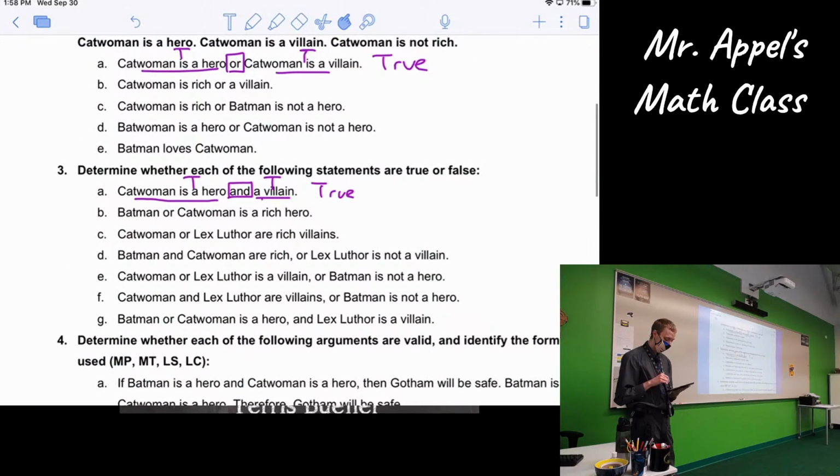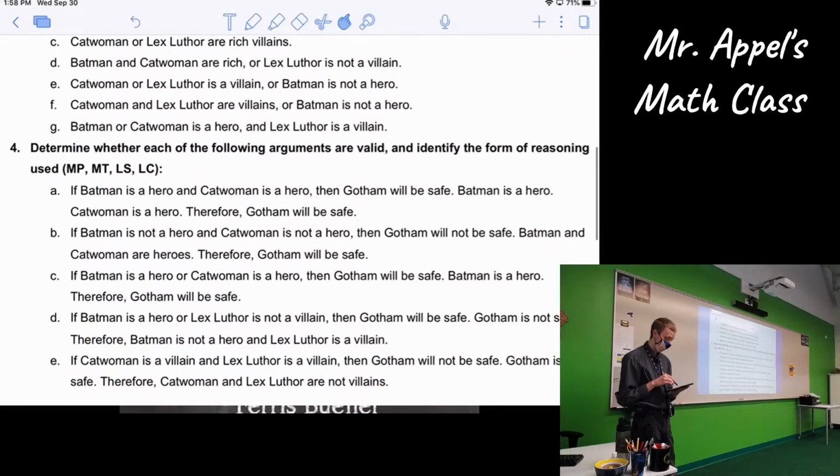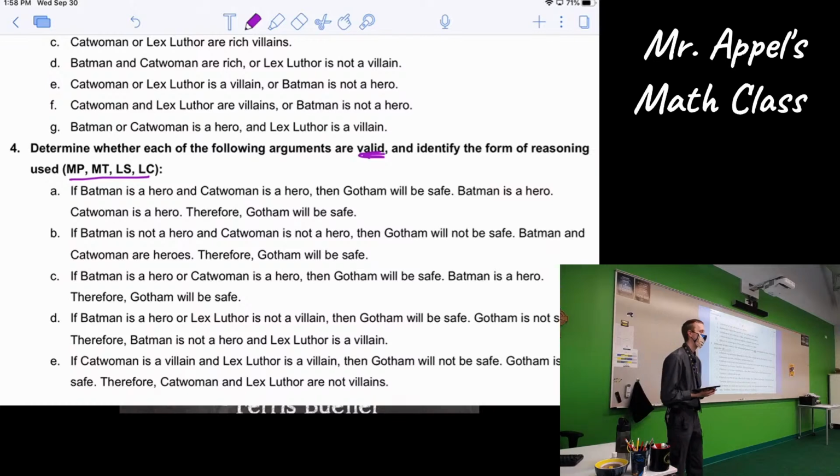Now part 4, I'm going to have you analyze a whole argument. I want you to determine if it is valid and then identify which form of reasoning we're using. I'm only checking for validity here, not soundness. All right? So some of these will introduce different facts or might contradict previous facts. That's okay.